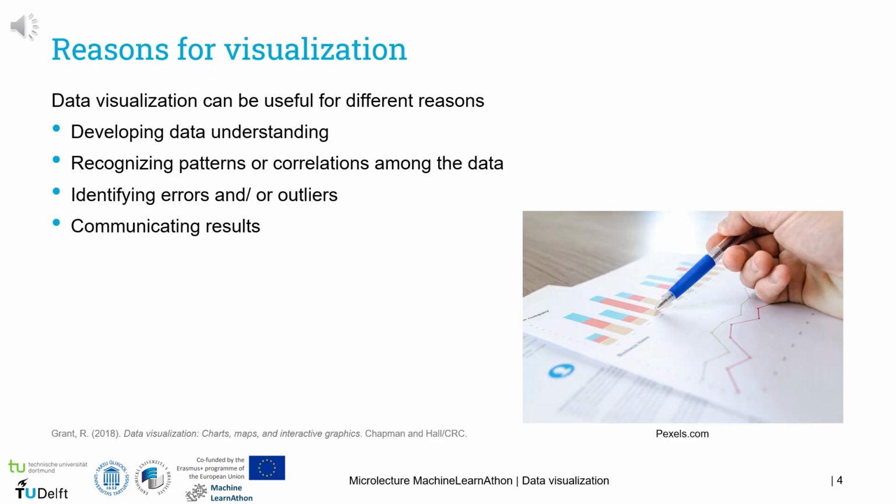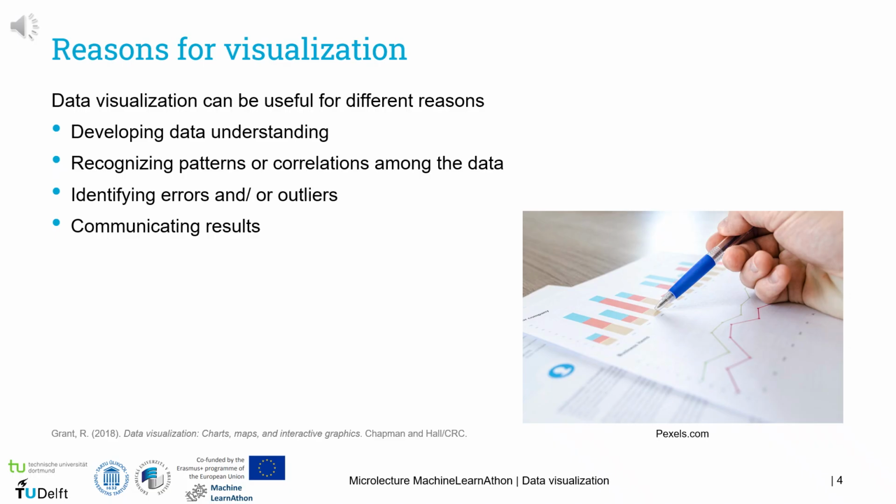Visualizing your data can be very useful in different steps of the data mining process. In the beginning, it can help you develop an understanding of your data. For example, if you have a good plot, you can usually see the minimum value, the maximum value, and the data distribution.